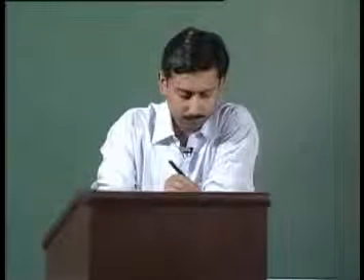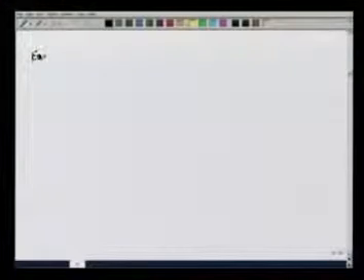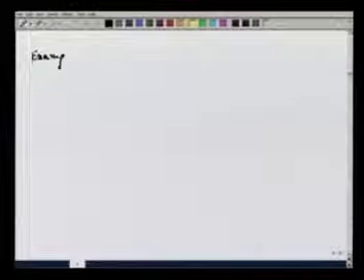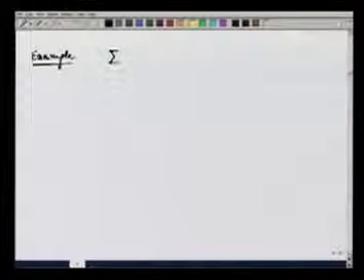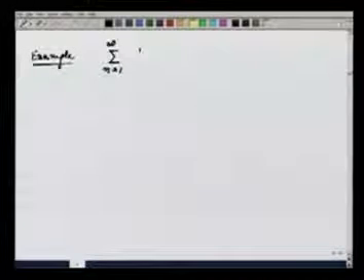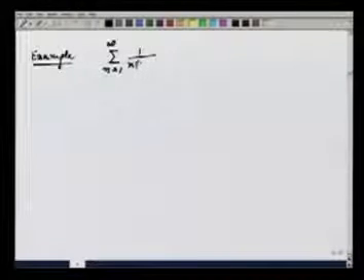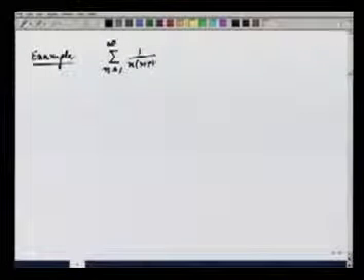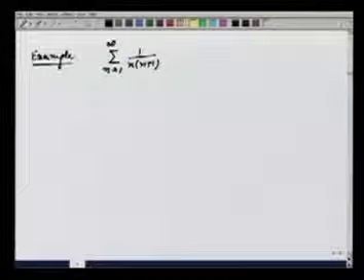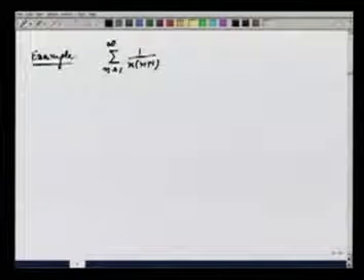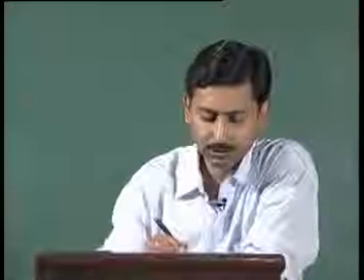So first look at this series: summation n from 1 to infinity 1 by n into n plus 1. The question is whether this infinite series is a convergent infinite series or not. So what we do is we try to calculate the partial sums and see what happens.